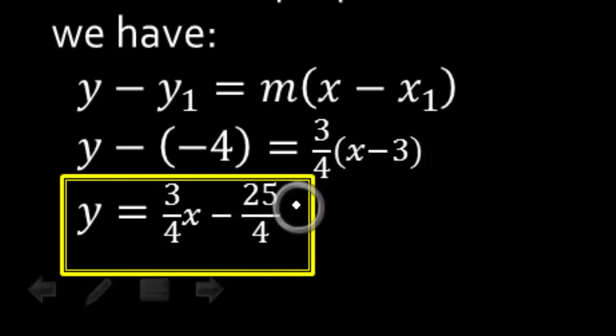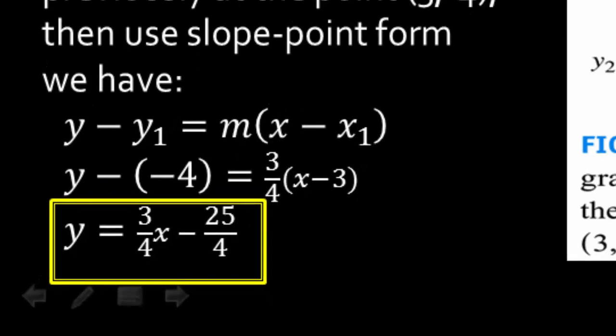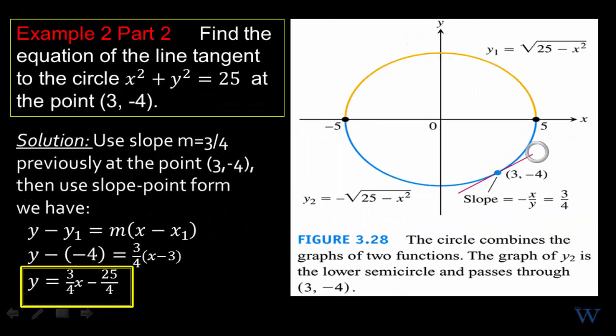And then when you combine all the like terms, first you distribute that here, and then put 4 on the other side, this becomes y plus 4, and when you put it on the other side, this is the equation of the line that you're going to get. In other words, what is the equation of this line? It's y is equal to 3/4 x minus 25 over 4.